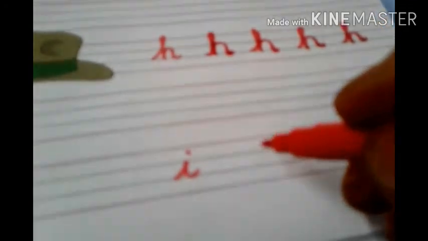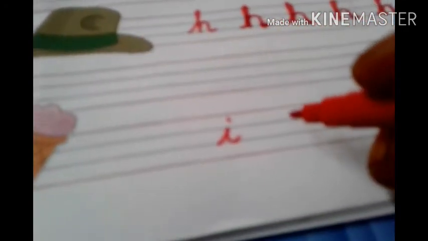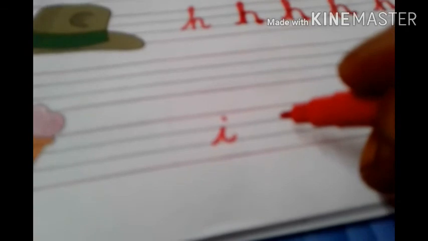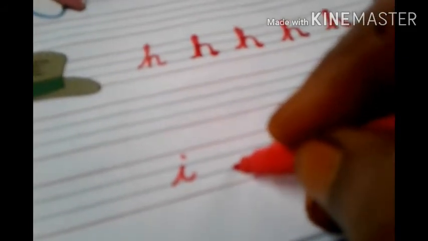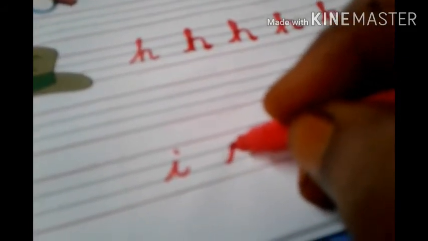Now next letter is I. Now this I is the middle line letter because it is written in the third and second line. Now place your pencil at the third line, go up to the second line, touch the second line, come down to the third line, make a small curve, put a dot over here and this makes letter I. I for ice cream.